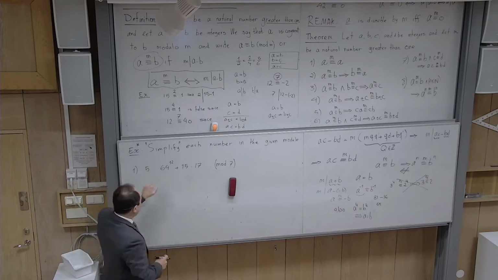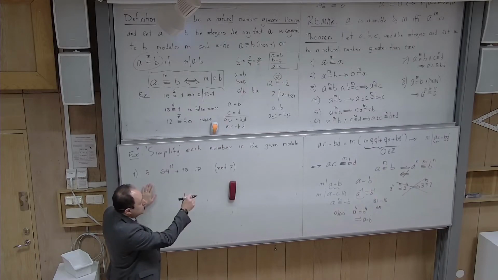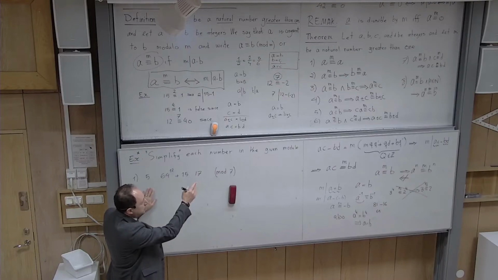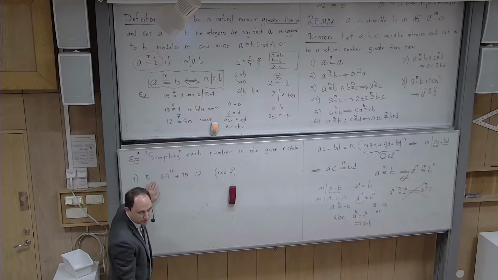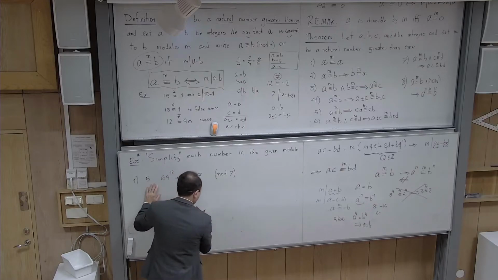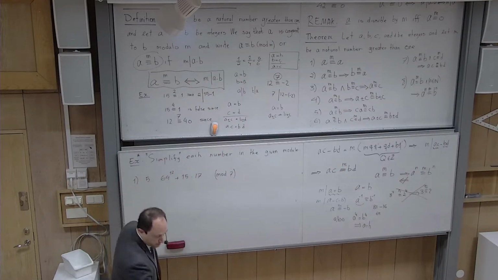So I want to solve this following this theorem because I want you to understand more or less every one of these parts that I mentioned. It is important to realize how I can simplify things. But after that I will tell you how to do it faster. Just try to understand this.